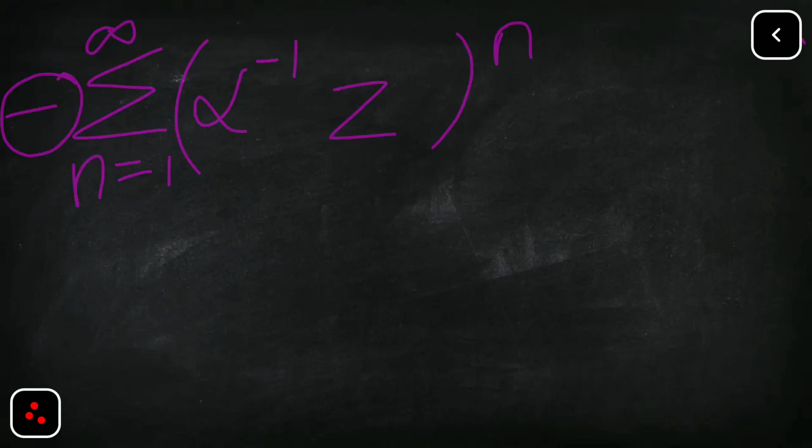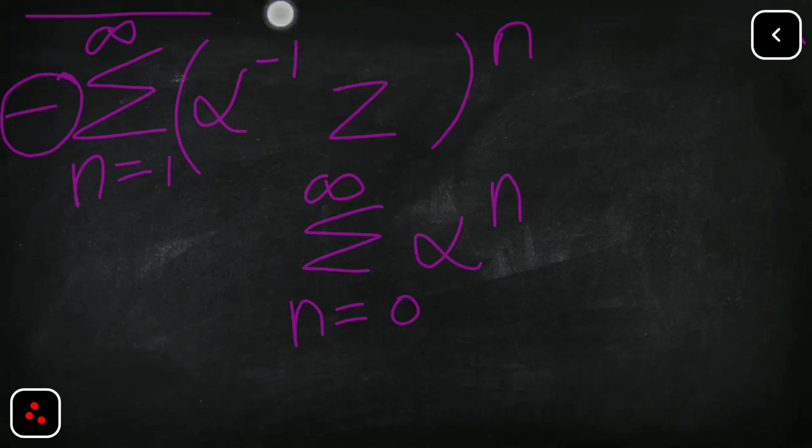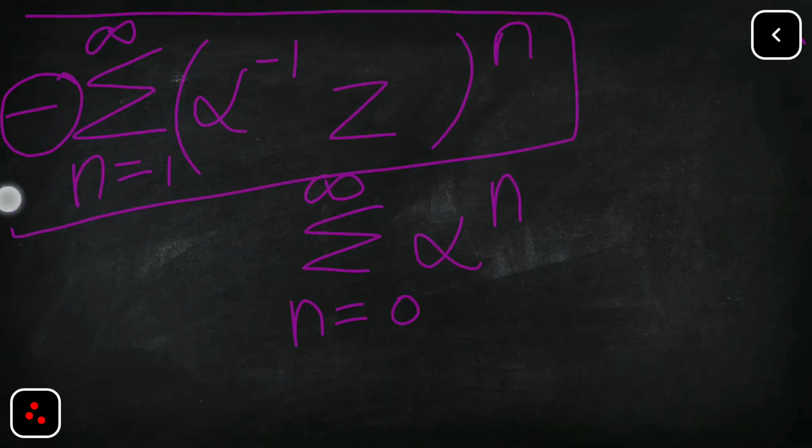Now many people take the formula, the summation of n equal to 0 to infinity of alpha to the power of n. This looks like that only. But here, as n is equal to 1 to infinity, we have alpha to the power of minus 1 into z, whole to the power of n.